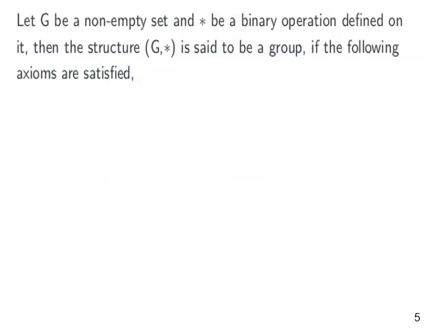Groups. Let G be a non-empty set and star be a binary operation defined on it. Then the structure consisting of a pair of a set G and the binary operation star is said to be a group if the following axioms are satisfied.